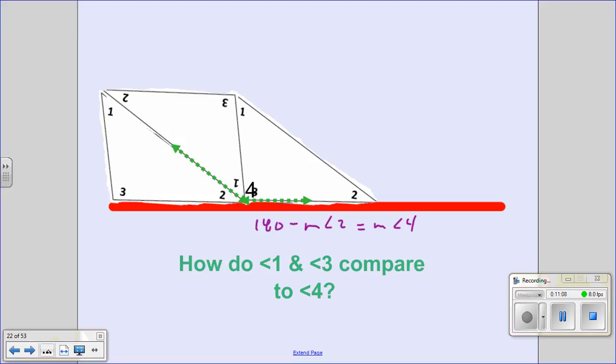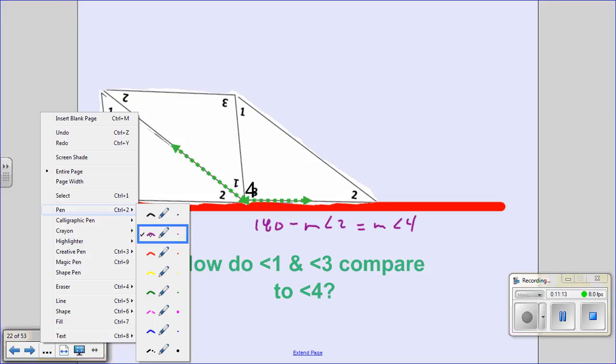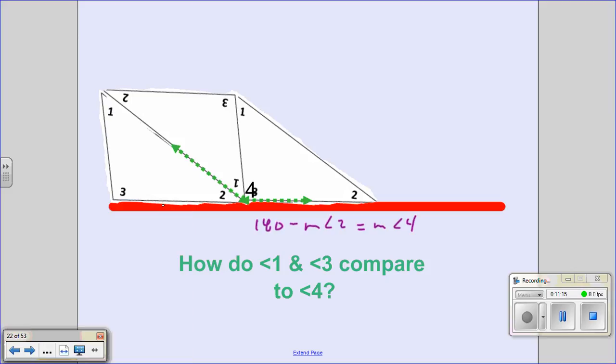You can see that angle 1 and angle 2 from inside the triangle fit exactly into angle 4.